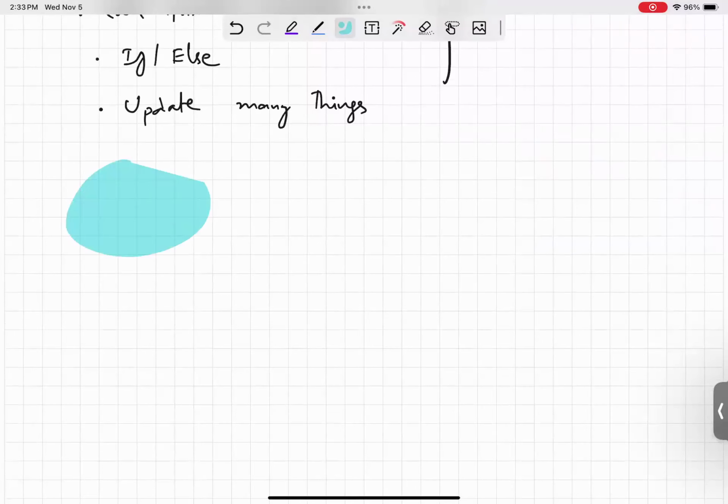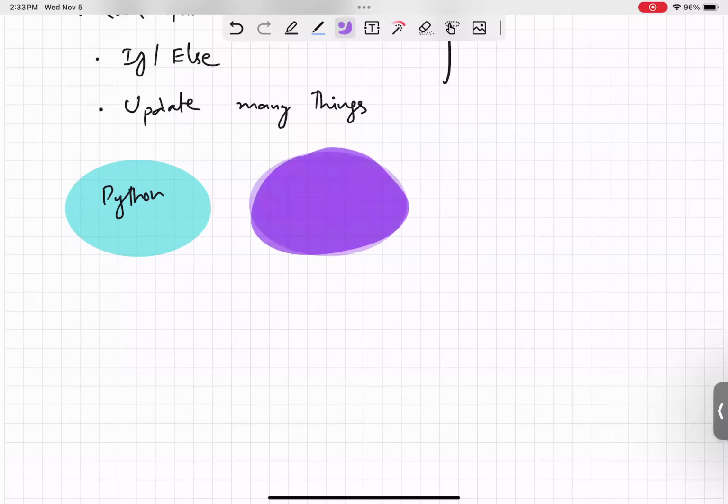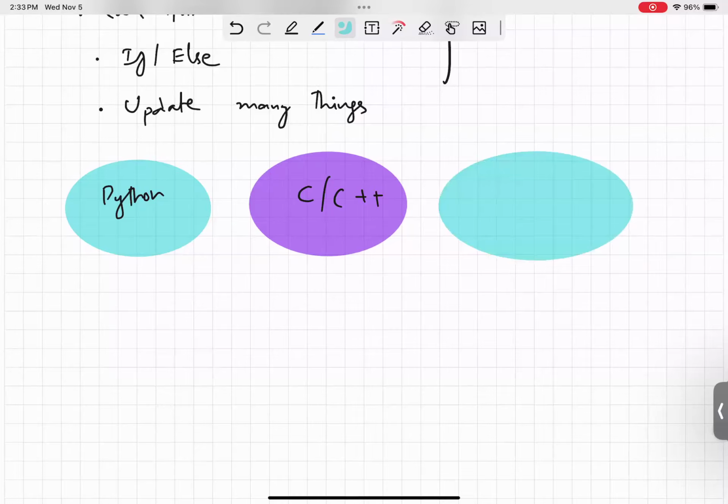Okay. And this is for Python. What other programming languages do you guys use? I definitely learned C and C++ before I saw Python. What else? What are some other programming languages that you like? JavaScript, okay.